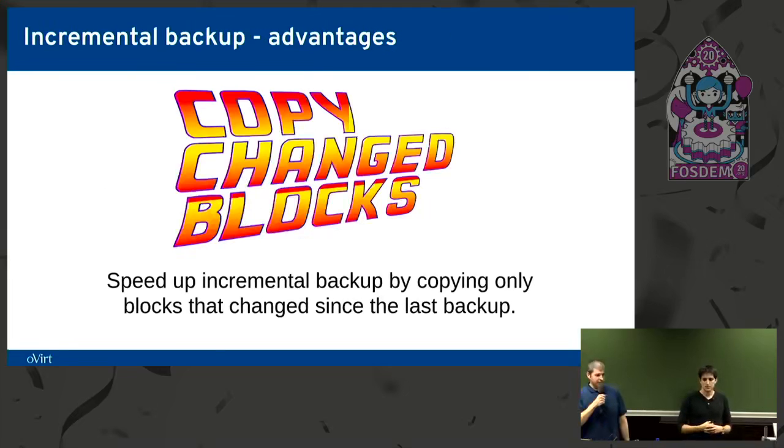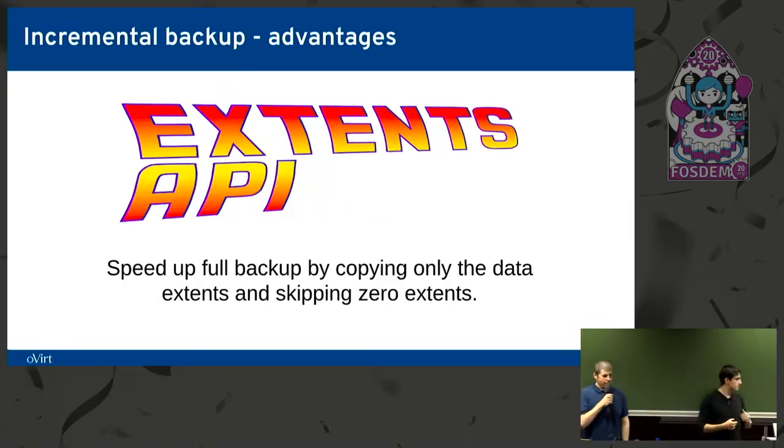Now, let's see the advantages of incremental backup. We have quite a few of them. First, copy changed blocks. This speeds up incremental backup, or actually enables incremental backup, by copying only the changed blocks since the last backup. Next, extents API. For full backup, we have a new extents API for exposing data extents and zero extents, so we can skip the zero extents and download only the data extents.